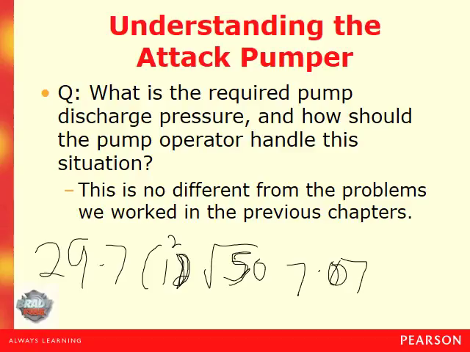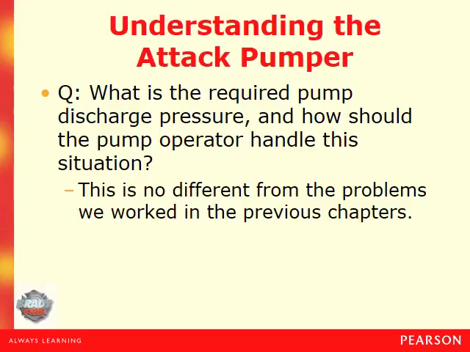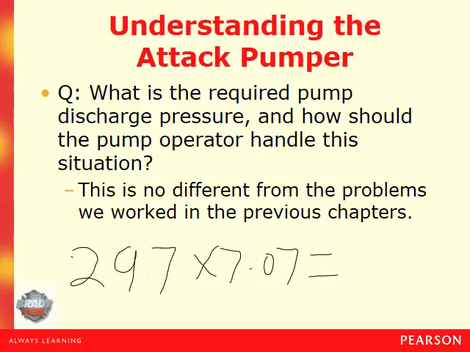So we're going to multiply 29.7 times 7.07, which gives us about 210 gallons per minute. So now we can go ahead and figure our friction loss.